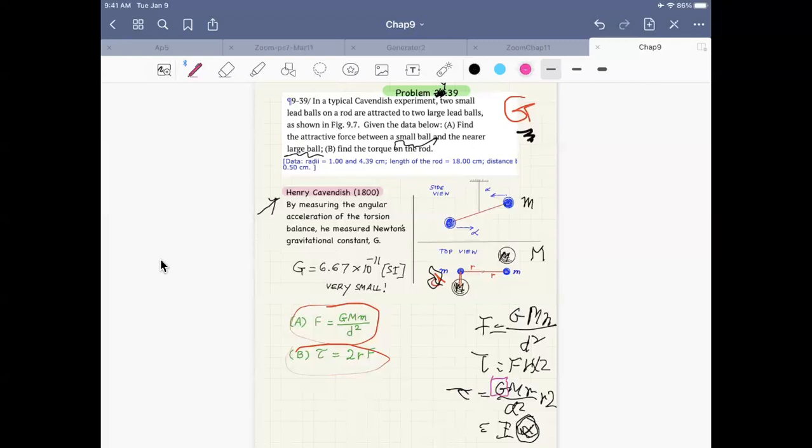That's a very small number. It has 11 factors of 0. That's 0.0000000000667.